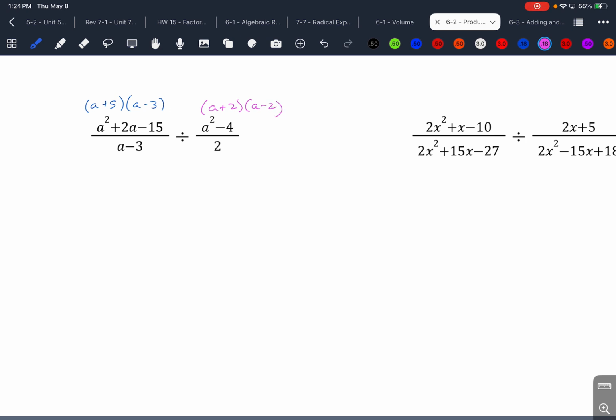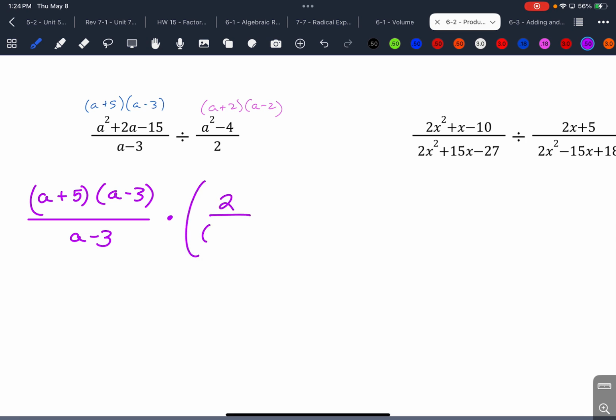So when we do this, we keep the first fraction. So that is a plus 5 times a minus 3 over a minus 3. Change this to multiplication, and you flip this fraction. So this would be 2 over a plus 2, a minus 2.